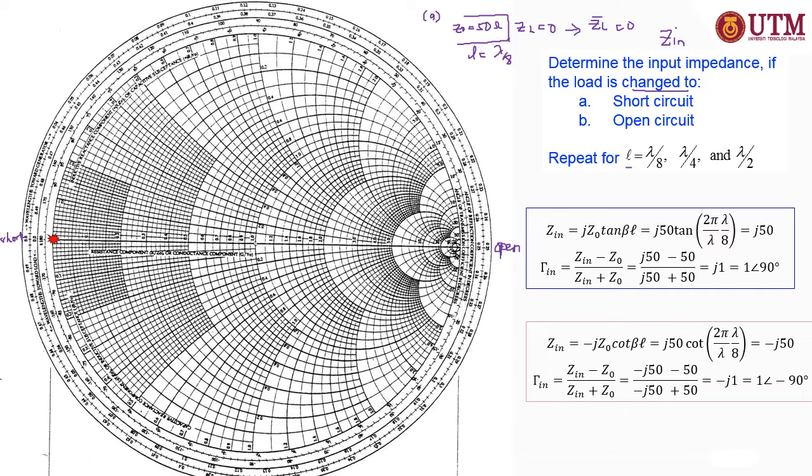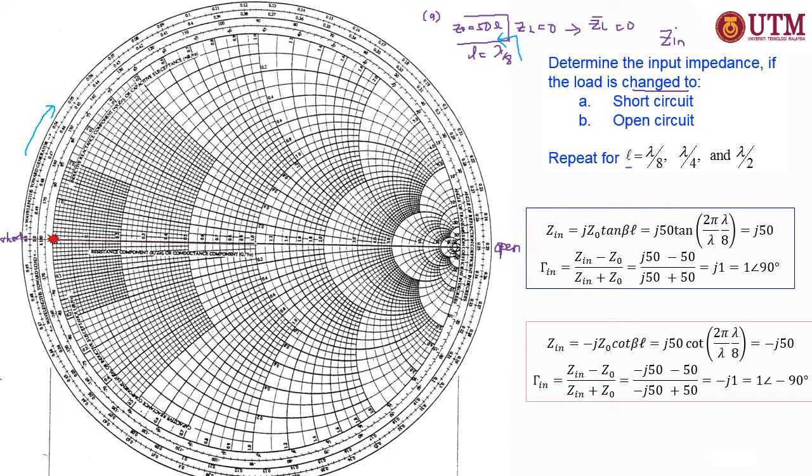Okay, and then at this point now it is the load impedance, so get the wavelength, the current position. So to determine the Z-in, you'll be looking towards the generator, so it will be in this way.